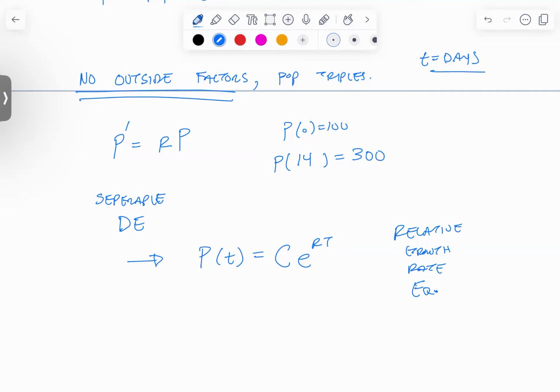Yes, I was going to say compound continuous. Look, isn't it beautiful how the differential equation, we basically proved something that we use all the time? I just love it when I get this and think, well, I guess I'm on the right track because I have a relative growth rate equation. That's just fun.